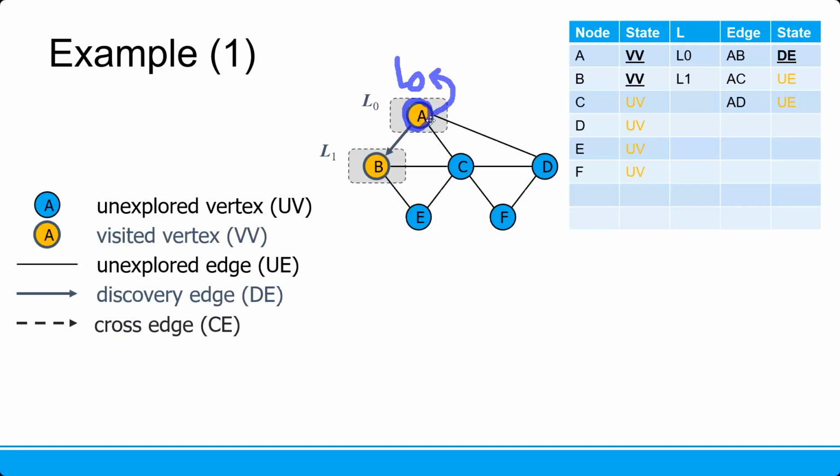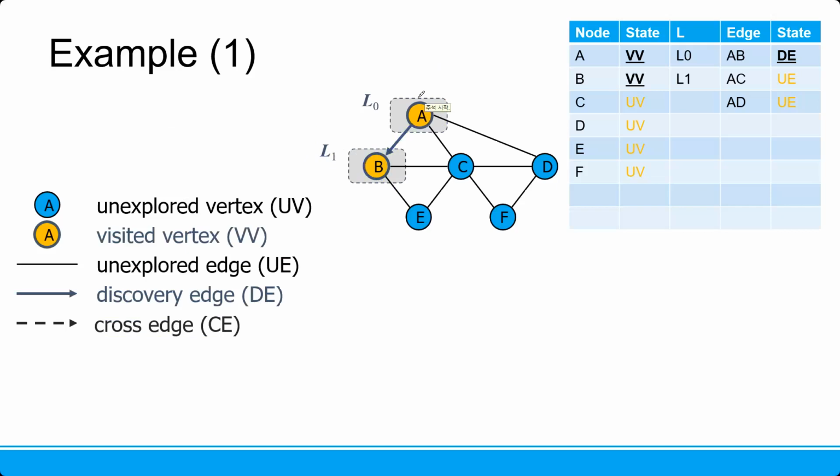And now let's look at the incident edges of A. The incident edge of A is this one, and then we have another. Because of the connection between A and B, we put B as a node in L1, which is the next level.